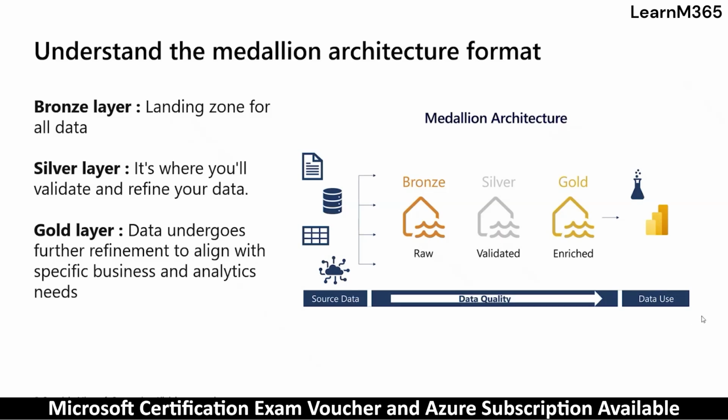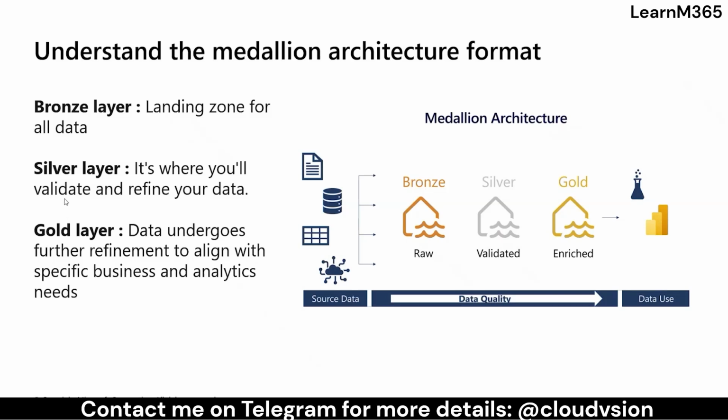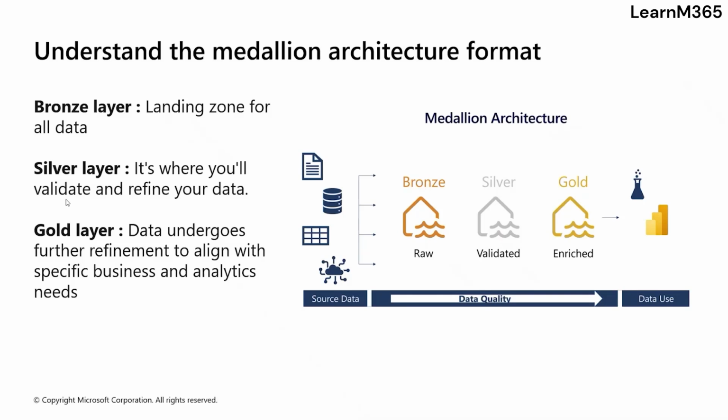Now, if we talk about the gold layer or enriched layer, it is the third layer of the lakehouse. In the gold layer, data undergoes further refinement to align with specific business and analytics needs. Okay, this could involve aggregating data to a particular granularity, such as daily or hourly, or enriching it with external information.